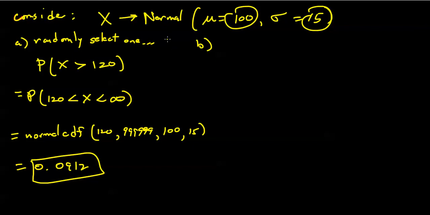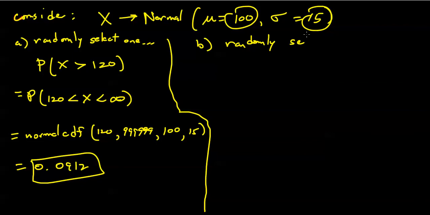Now, contrast this with part B. In part B, you may recall we wanted to randomly select 20. And here we want the probability that the sample mean from the group of 20 is greater than 120. Armed with the central limit theorem, now we can compute this as well.